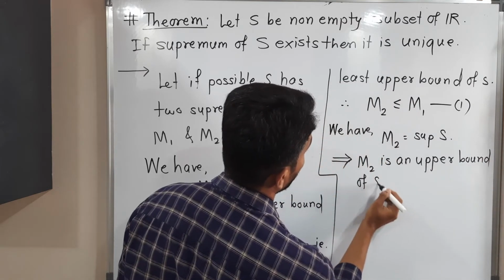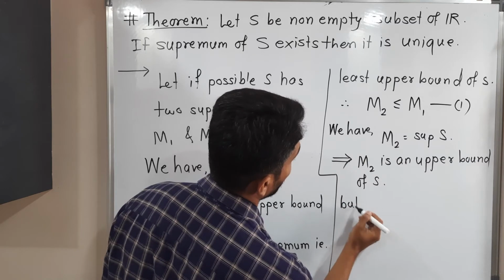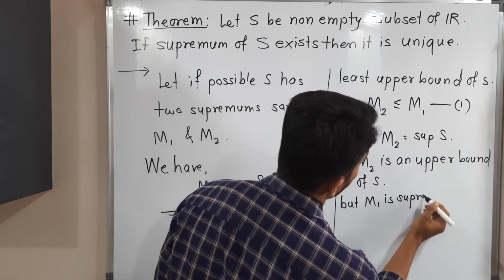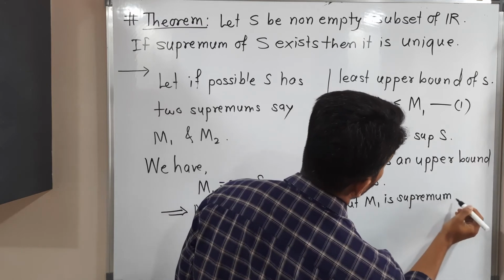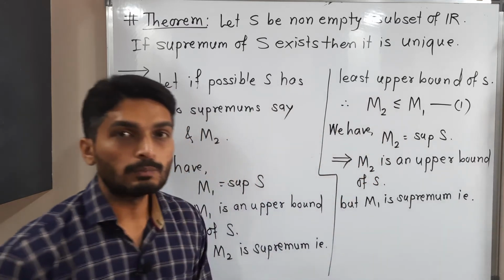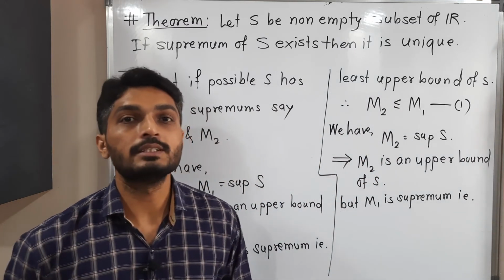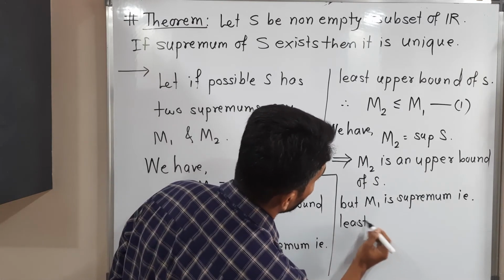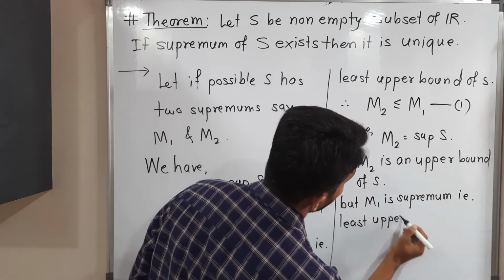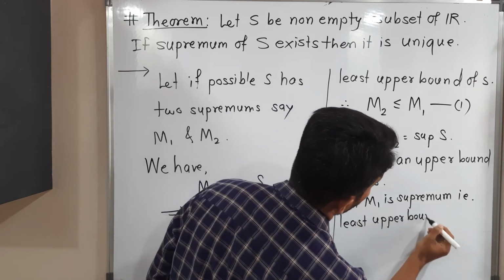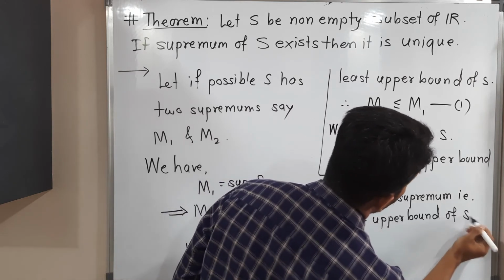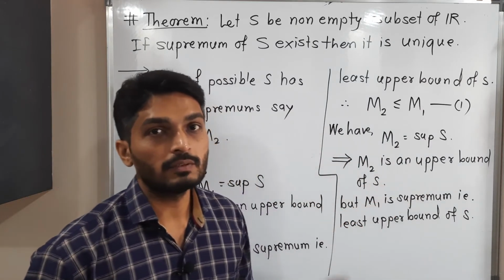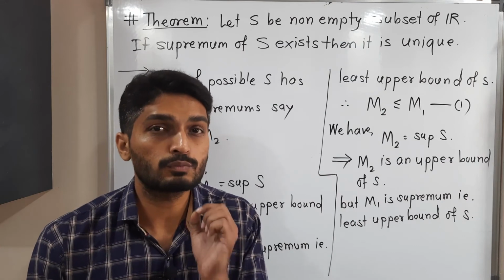But we have M1 is the supremum, that is, it has one more name: supremum means least upper bound of S. So now you can easily tell me, M2 is an upper bound, but M1 is the least, that means the smallest upper bound.